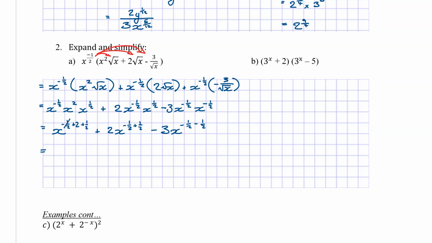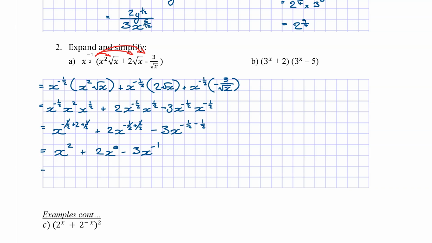Getting rid of that, these guys cancel and these guys cancel. So this will be x squared plus 2x to the 0 minus 3x to the negative 1, in fact. That's nice and easy.